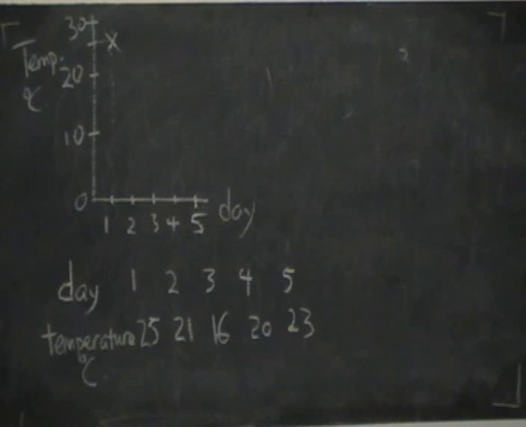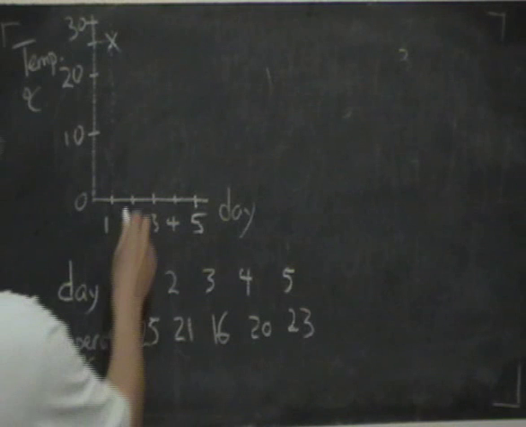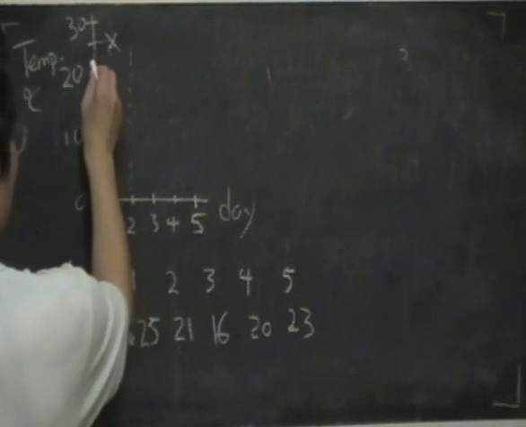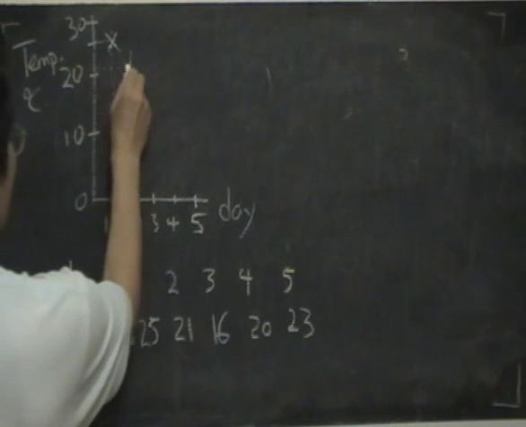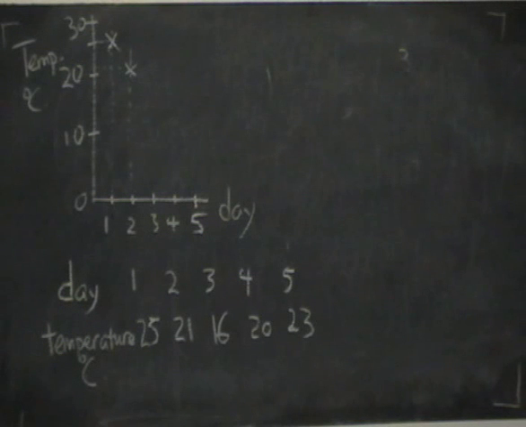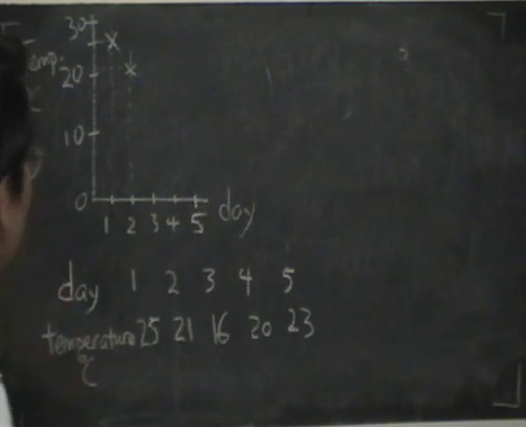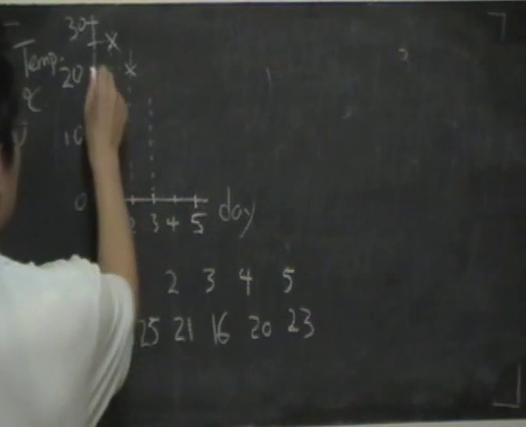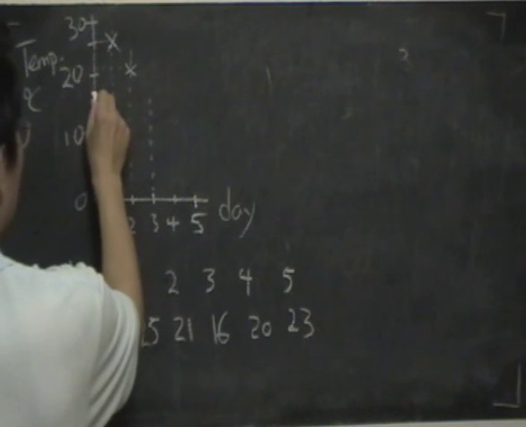We can do the same for the next pair of numbers, 2 and 21. So that's 2, go up. 21 would be about there, just above 20. And I put a mark there. Day 3 is 16, so we go to 3, and 16 is about halfway between 10 and 20, just a bit higher.